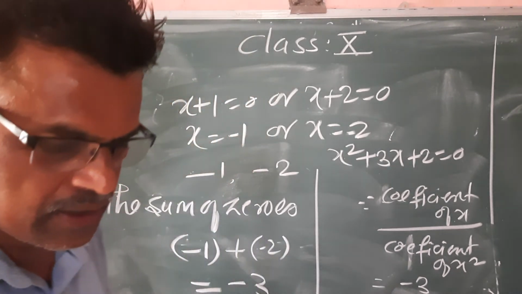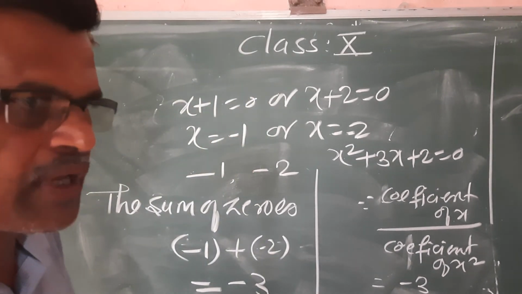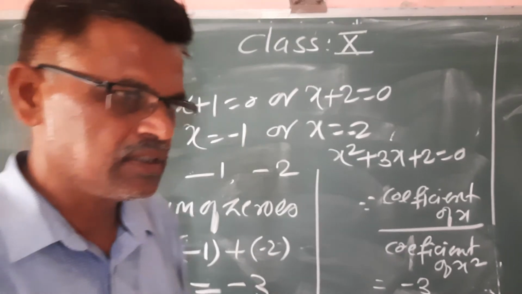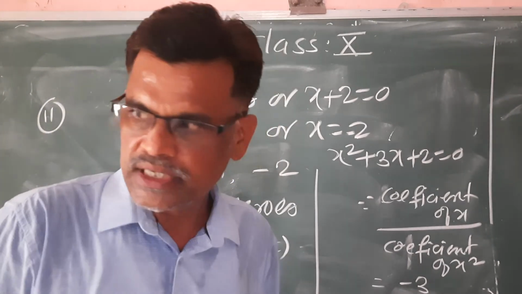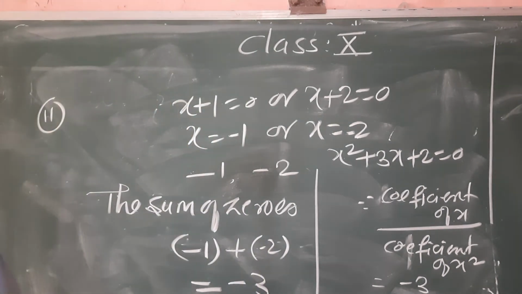Therefore, it is verified. We can further verify the product of the two zeros. What is the product of the two zeros?